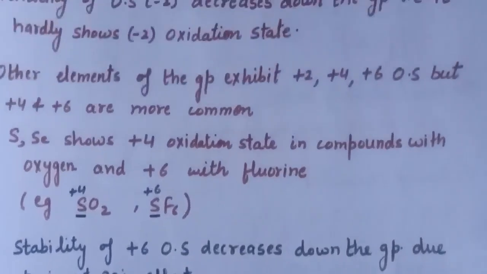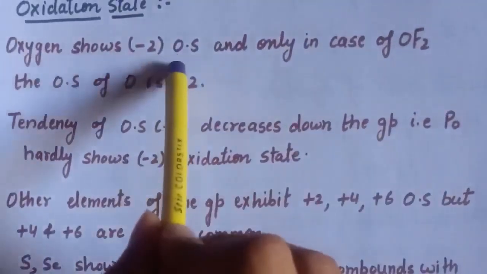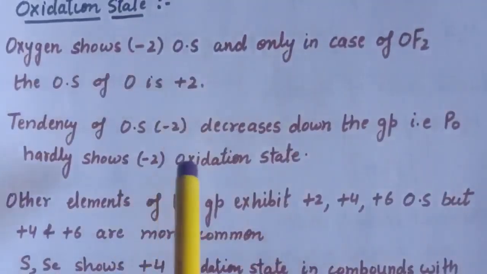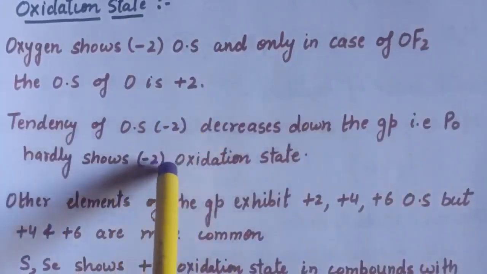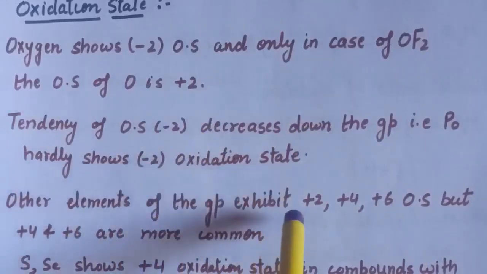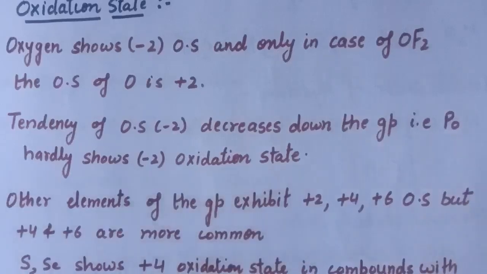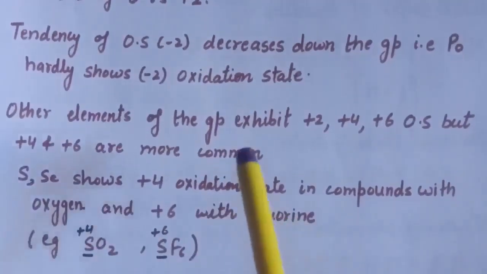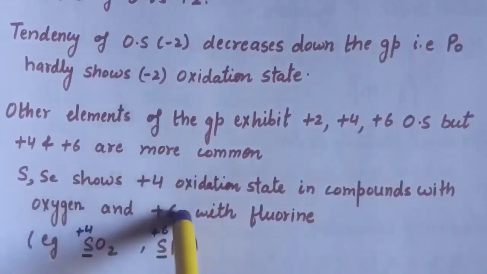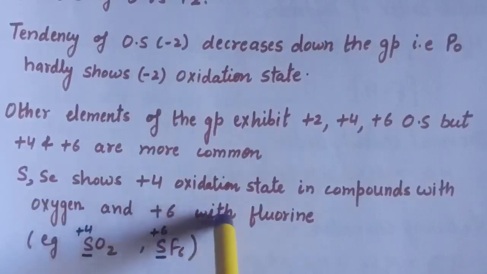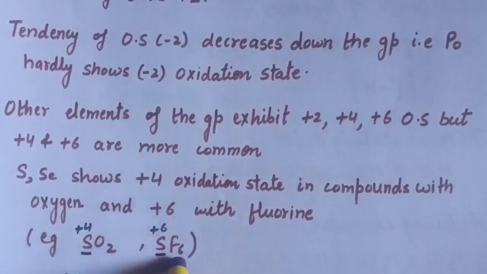So in oxidation state, oxygen shows -2 oxidation state, and the tendency of -2 oxidation state decreases down the group, that is polonium hardly shows -2 oxidation state. Other elements show +2, +4 and +6, where +4 is possible in those compounds in which we have oxygen, and +6 is shown when the compound is formed with fluorine, just as in case of SO2 and SF6.